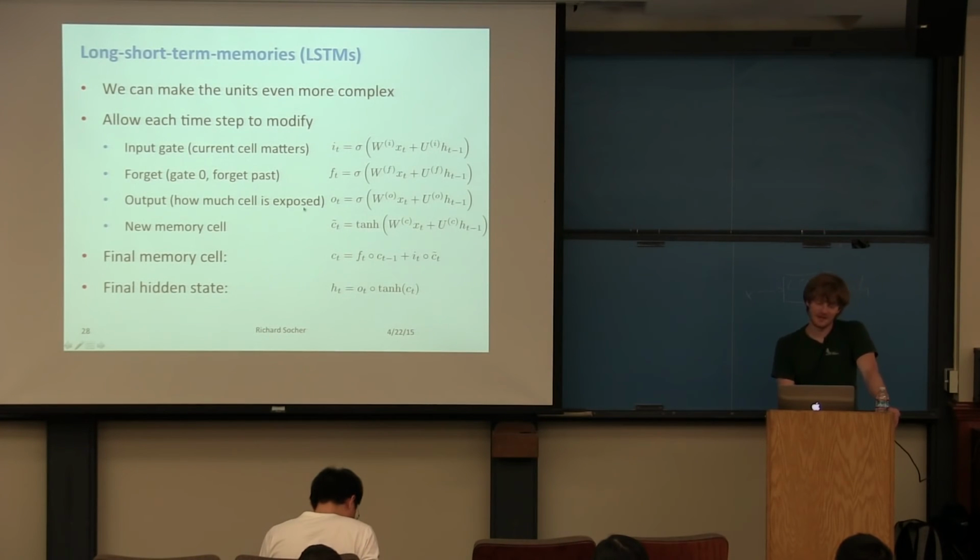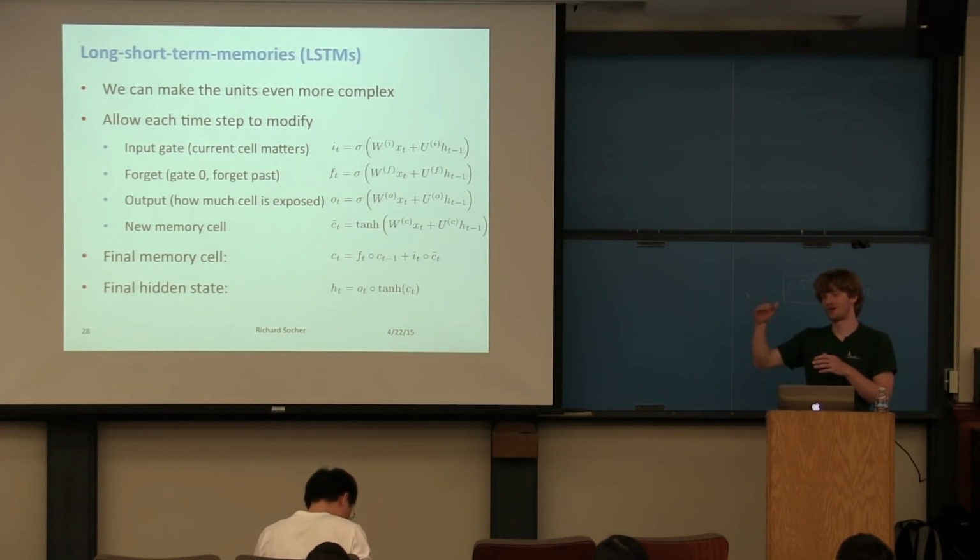The interesting thing here, this is a new kind of gate that really didn't exist in the GRU, is you also have an output gate. The output gate will essentially allow you to not tell the rest of the network what your internal state actually is. So you could compute a bunch of stuff, you could remember things, but just not blur them out. Not tell the rest of the network what's going on.